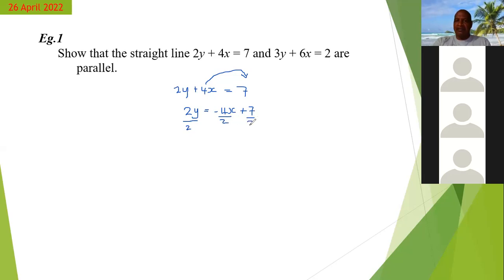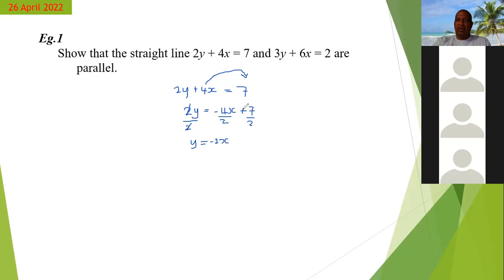It is the same as dividing the entire expression by 2, but to show the form y equal mx plus c, we divide each term separately. If we cancel this 2 with this 2, we're left with y on the left-hand side. We divide -4 by 2, and we're left with -2x for that first term.